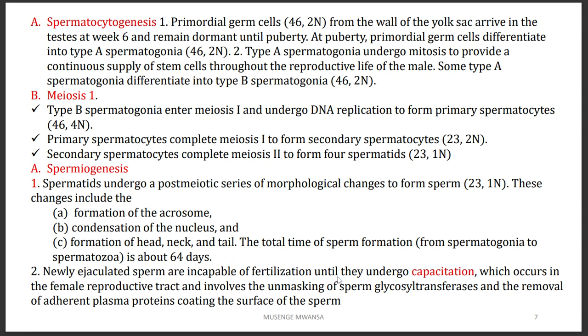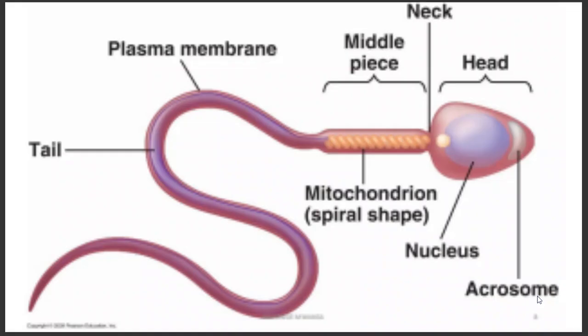So if these sperms are supposed to fertilize the egg, they are supposed to undergo capacitation. So when they have got the glycosyl transferase and the plasma protein coating, that is called decapacitation. You are removing their capacity to fertilize. And then they need to undergo capacitation for them to have capacity to fertilize. And this happens in the female reproductive tract after they've been released.